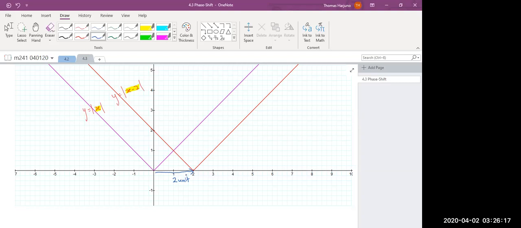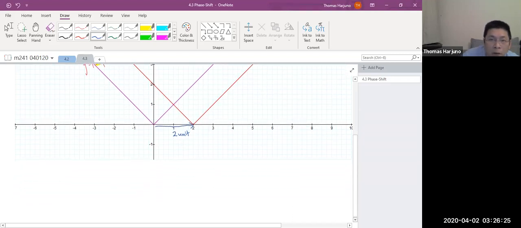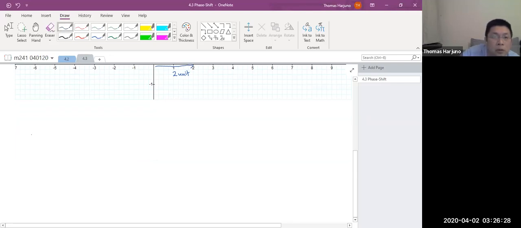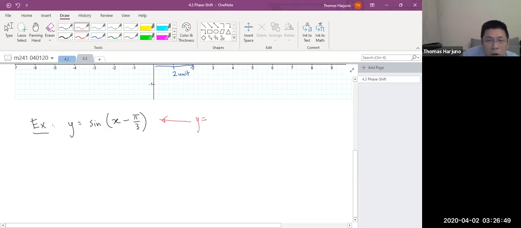Okay, now then, that gives us the idea that later on, if I have, for example, y equals sine of x minus pi over 3, then the shape will be the same as the graph of y equals sine x. The difference is, do you move that to the left or right?